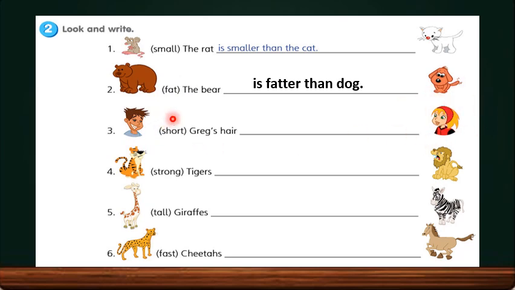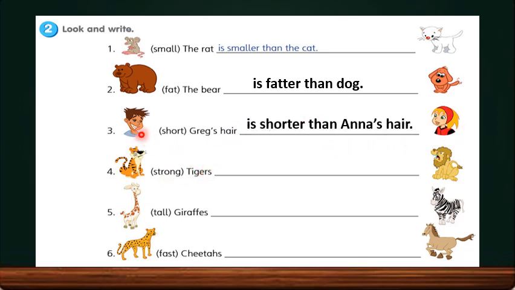We are going to compare their hair. By using the comparative adjective, short becomes shorter. So whose hair is shorter? It's Greg's hair. So the sentence should be, Greg's hair is shorter than Anna's hair.